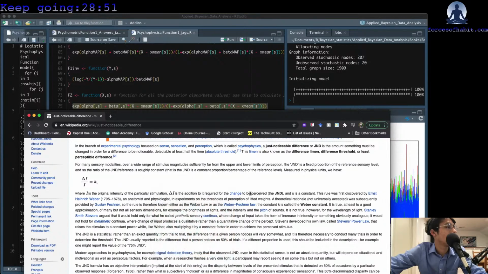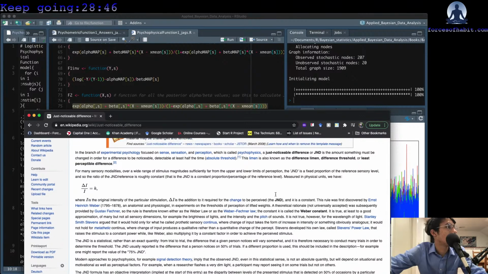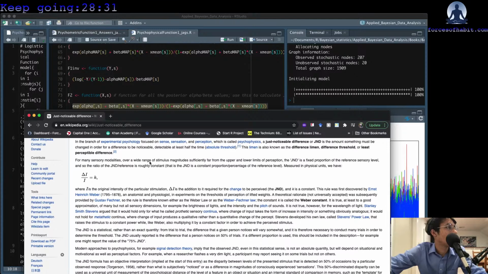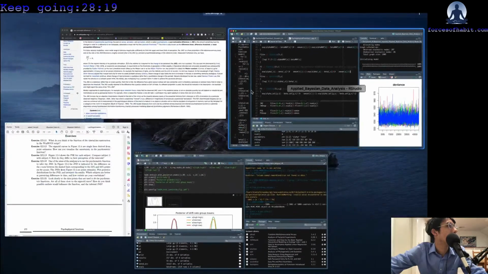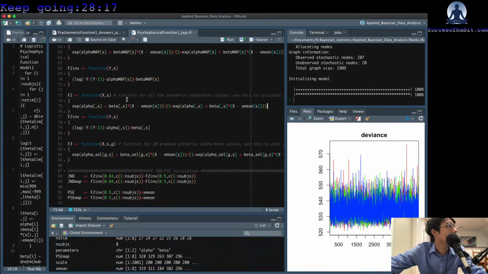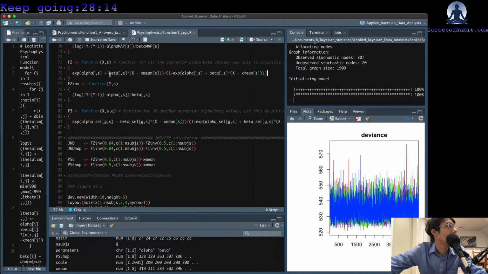Where I is intensity, right? So if we have intensity, change in intensity over I is equal to k. K is some constant. So we're taking the exponential of the value over 1 plus the exponential of the value here. And that is for the x's, and then we can do this.